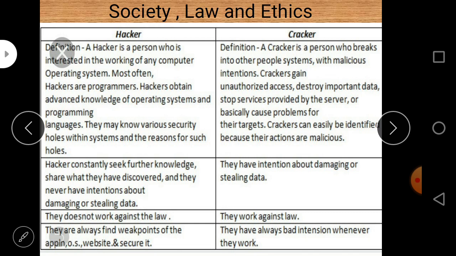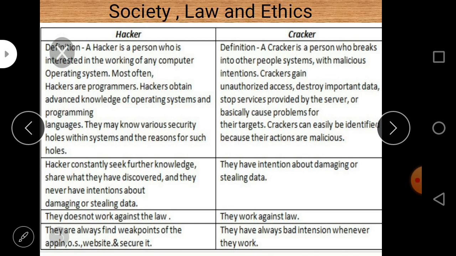So we can say that crackers have malicious intention, but hackers don't have malicious intention at all. Hackers have good knowledge of operating systems and programming, while crackers use unauthorized access and destroy important data because they have malicious intentions.